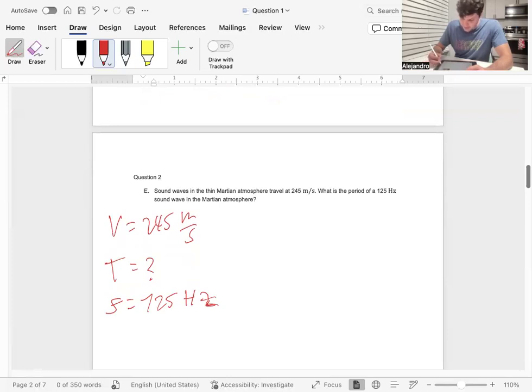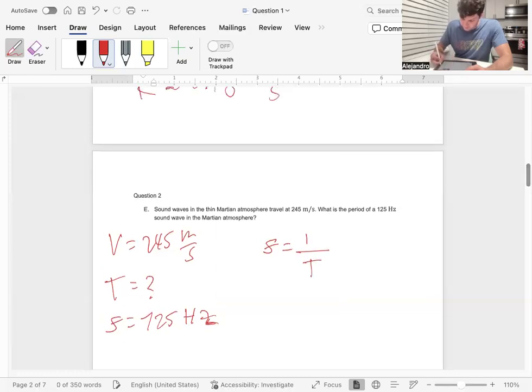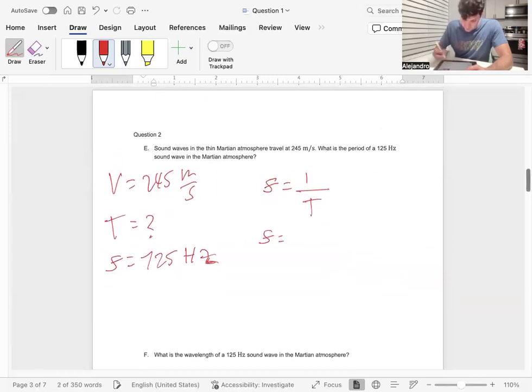There is a relationship between period and frequency, given by frequency is equal to 1 over T. We know the frequency is 125 hertz. Actually, let's do something better.